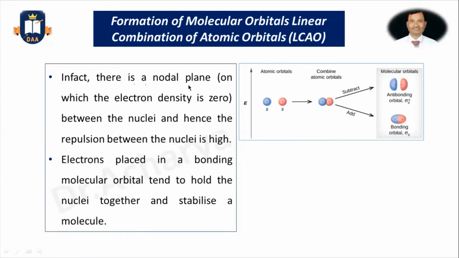There is a nodal plane. Which is the nodal plane? The nodal plane is where the electron density is 0. It lies between the nuclei, and hence the repulsion between the nuclei is high. Since the electron density is 0 here, in the antibonding molecular orbitals the repulsion between the two nuclei is very high.